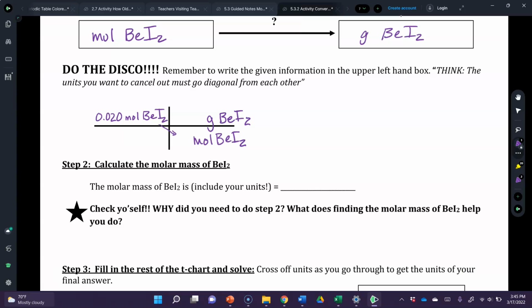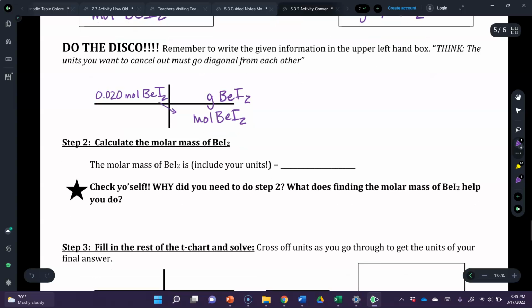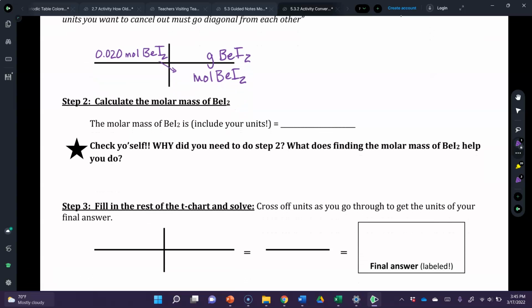I've got that set up, but I see grams and moles, so I need to calculate the molar mass. Calculating the molar mass, you'll need to pause the video to do that, but beryllium plus 2 iodines gives us a molar mass of 262.81 grams per mole.